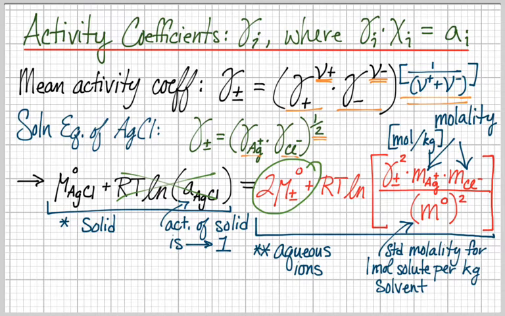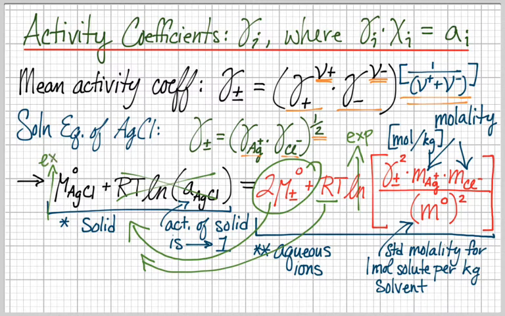So first let's move the 2 times the chemical potential of the ions over to the other side of the equation. We're also going to divide both sides of the equation by RT, so we isolate out the portion of the equation that is the natural log. And I'm going to take the natural log to the exponential, which is going to cancel out the natural log on the right side. It's going to create an exponential on the left side of the equation.